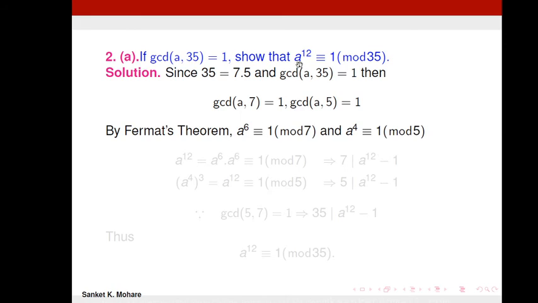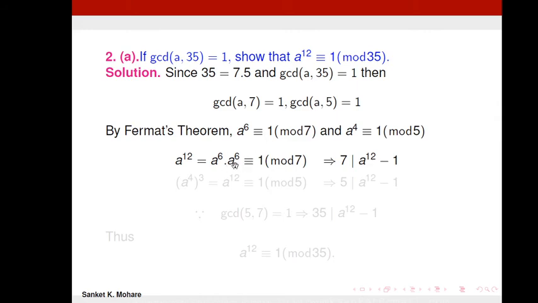Now observe, we have two congruences: a to the power 6 is congruent to 1 modulo 7 and a to the power 4 is congruent to 1 modulo 5. Now we have to show that a to the power 12 is congruent to 1 modulo 35. Now a to the power 12 is equal to a to the power 6 into a to the power 6, but a to the power 6 is congruent to 1 modulo 7.